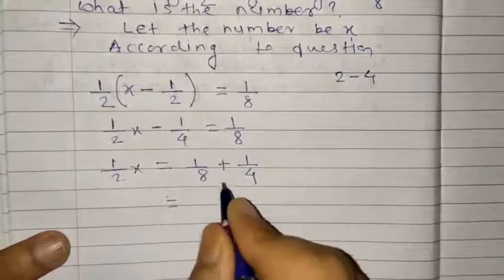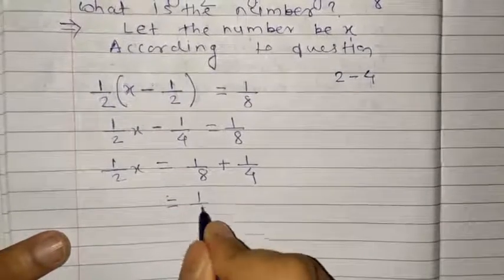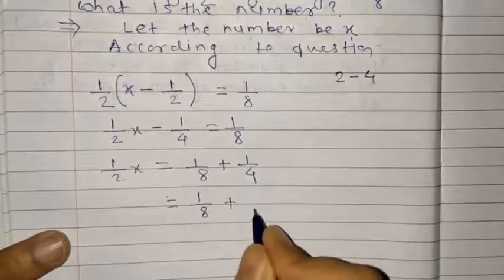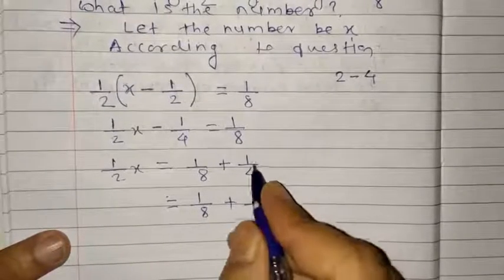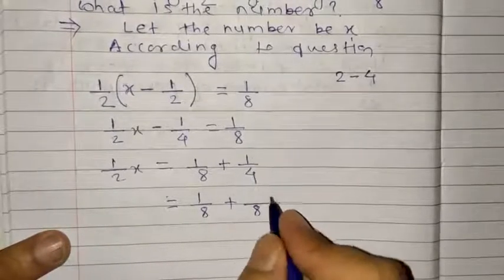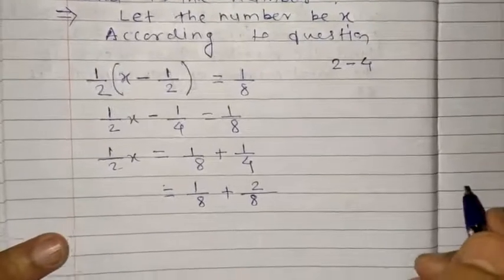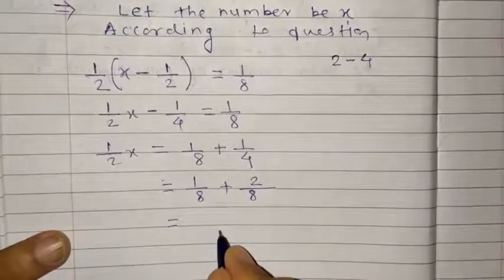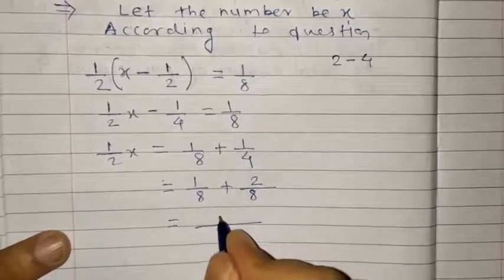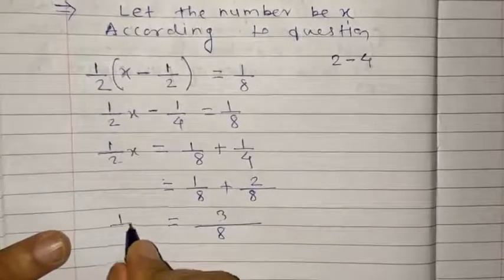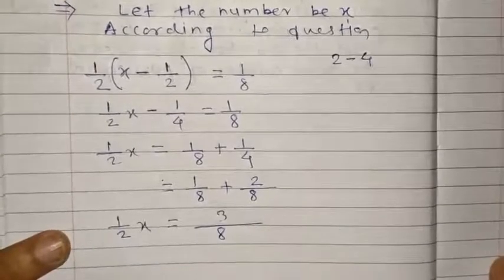Finally you can make the denominators the same, so 1 upon 8 plus 4 into 2 is 8, that we learned in previous classes. Use the same number upside also, 2 into 1 is 2. So downside we got 8, and upside 2 plus 1 is 3, and this side our number is 1 by 2x.